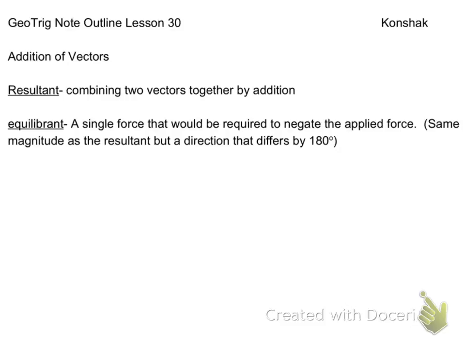Now, saying that, the equilibrant is the same magnitude, so that number on the outside of that little bracket thing is the same, but it has to go in the opposite direction, which means it differs by 180. So if I'm pushing something or going 0 degrees out 5, the equilibrant would be 180 degrees going out 5.